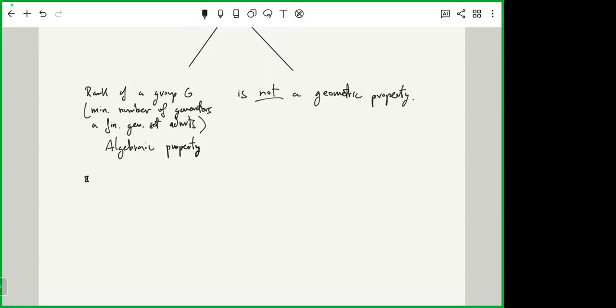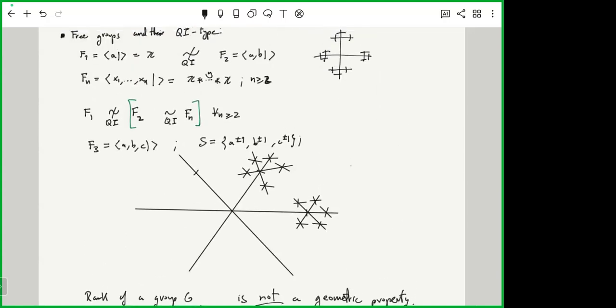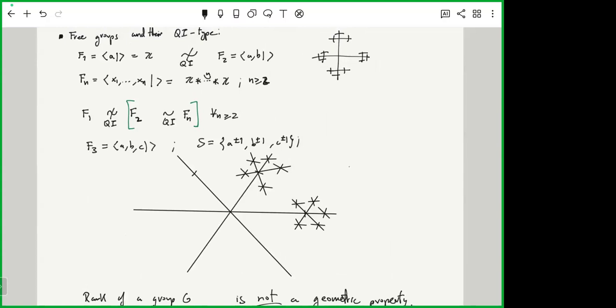It's not a question, it's rather a comment. When you said this F3, if you go up a little bit, the way you drew the picture looks like a Cantor set.